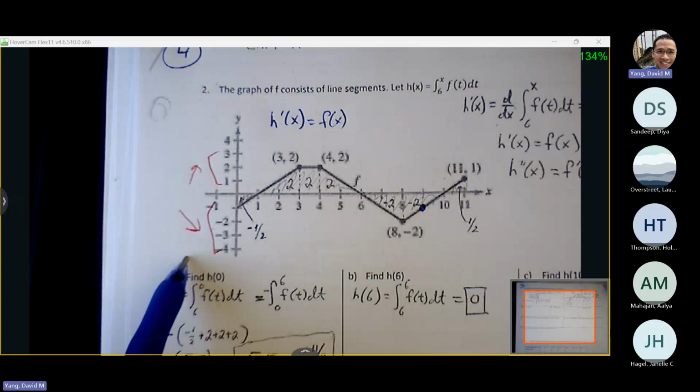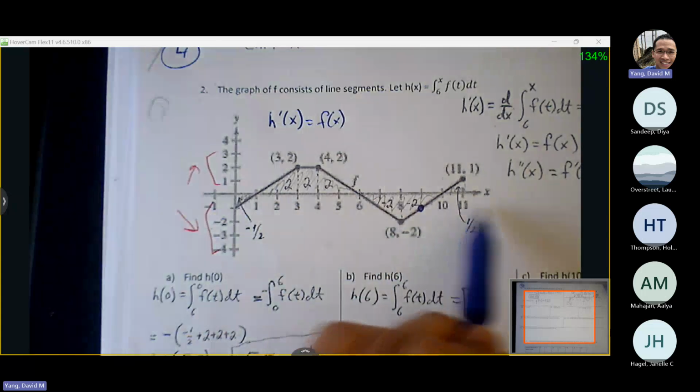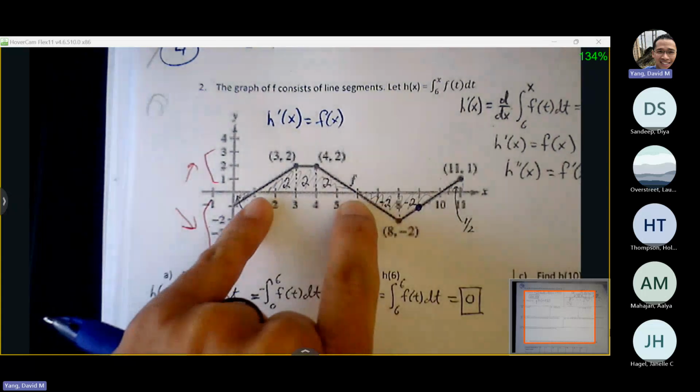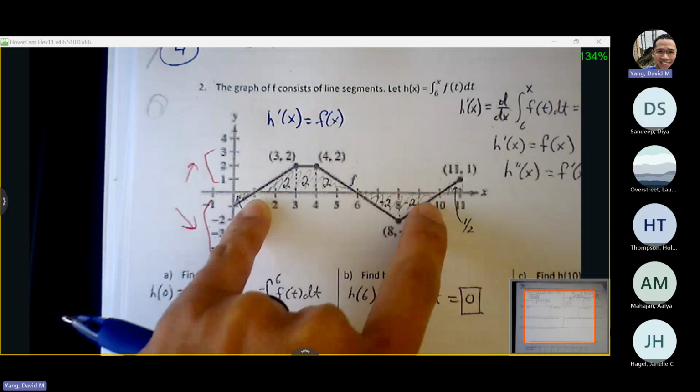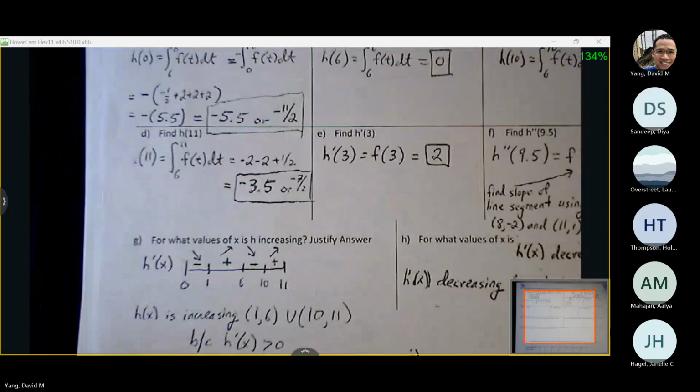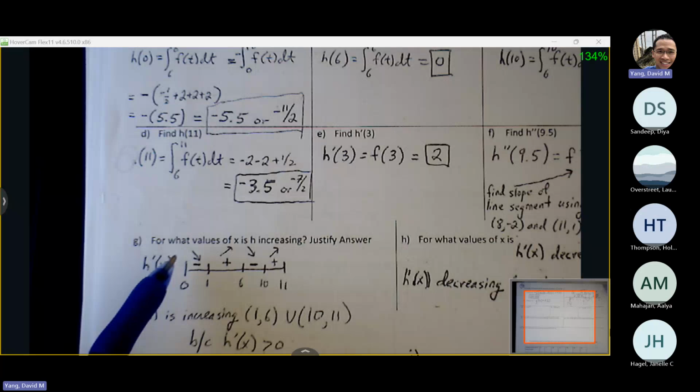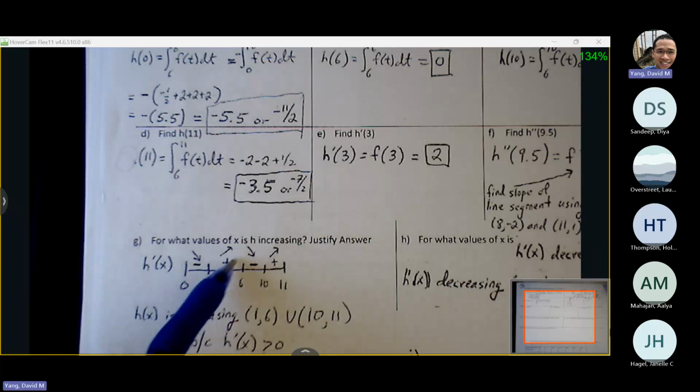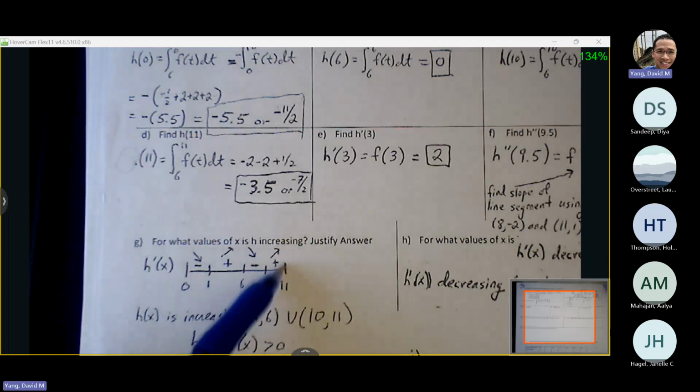Below the x-axis is the negative slope for h, and on the x-axis is slope 0. So pick off your x-intercepts, 1, 6, and 10. Initially, h prime starts below the x-axis, so negative slope. Then it's above the x-axis from 1 to 6, and then below the x-axis, and then above the x-axis.